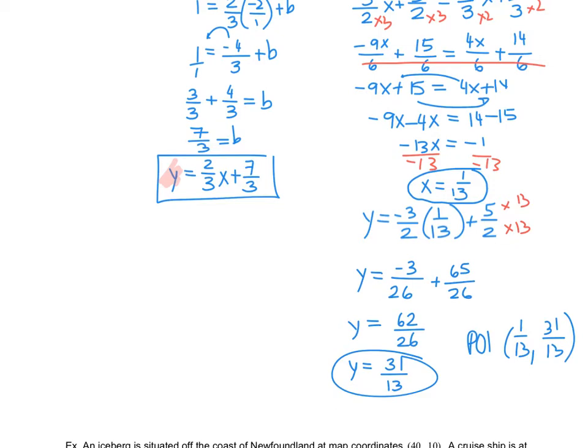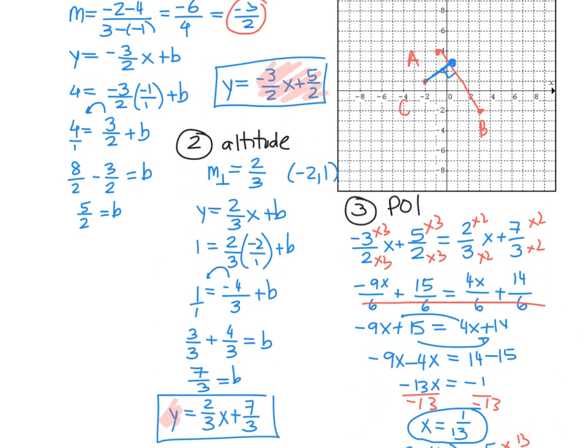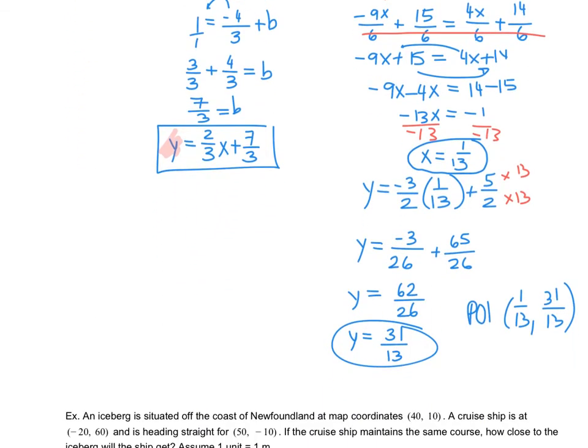So going back to our diagram, we just found this point right here. Now we can do the distance formula between our point of intersection and point C. So I'm just going to write point C over here. Point C was negative 2, comma 1.